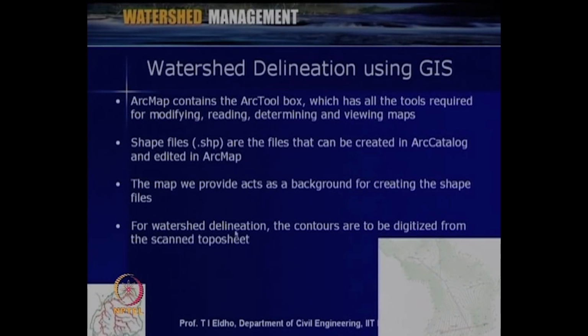After geo-registering, we know the x and y coordinates, or the latitude and longitude. Once the digitized contour details are given, the elevation variation can also be easily identified. So, the horizontal x-y plane plus the elevation details we can directly get for any location after feeding the data for the geo-registered scanned map.